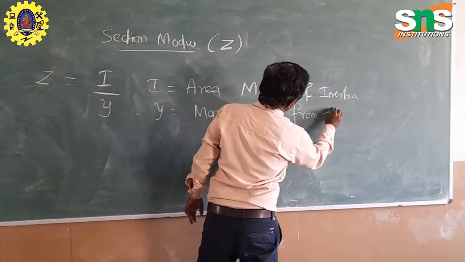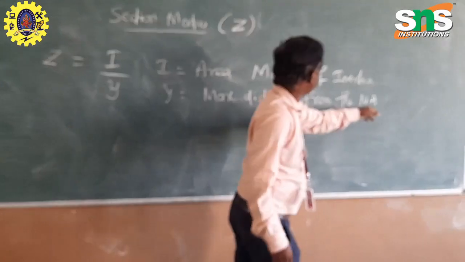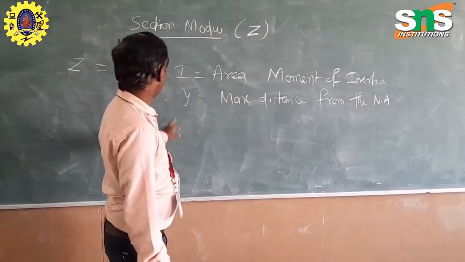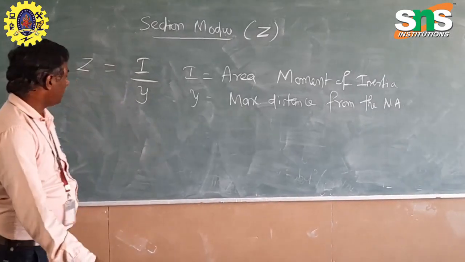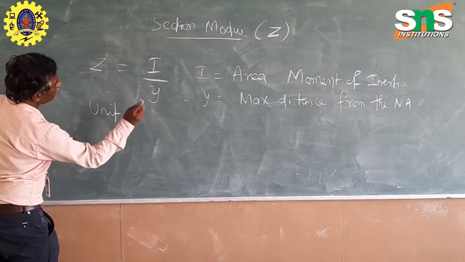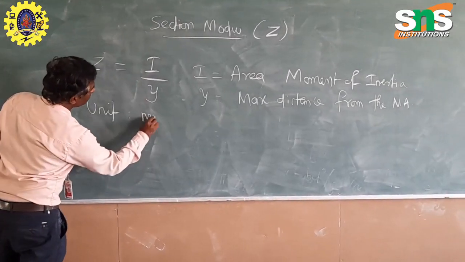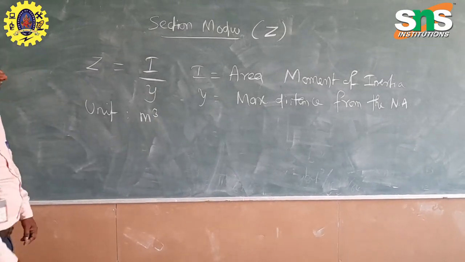And the unit for the section modulus will be meter to the power 4 divided by meter, that is meter cubed.